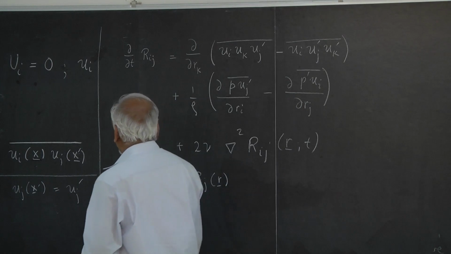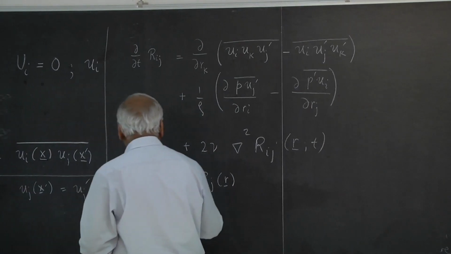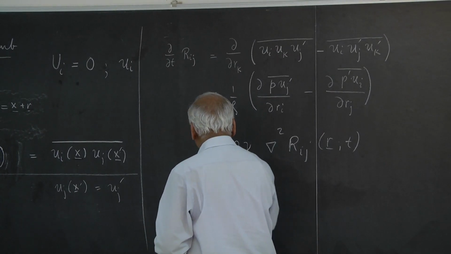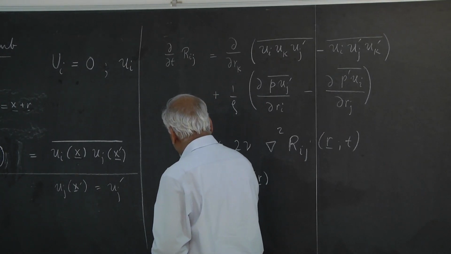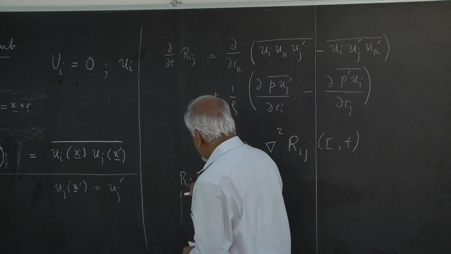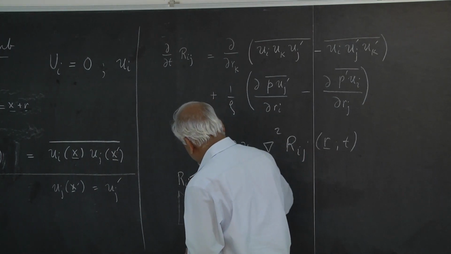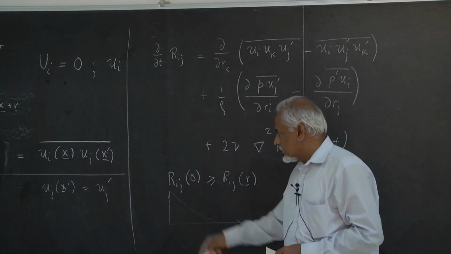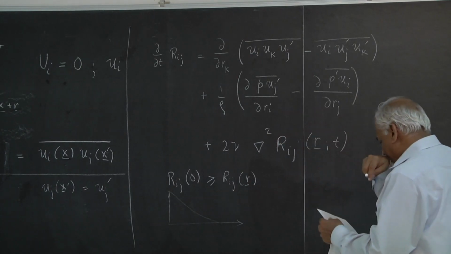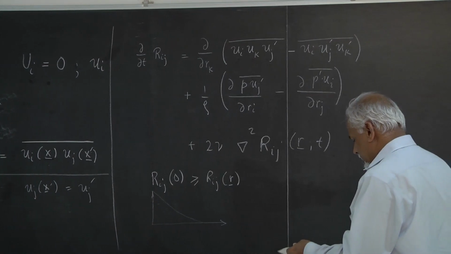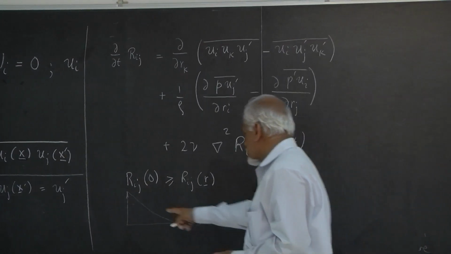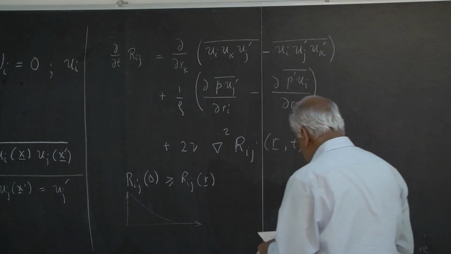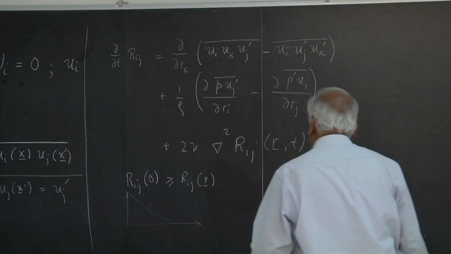So let's say I fix i and j and take their product, it will have some shape like that. It will have a maximum value at 0, and then it will decay and go down. So that's one aspect of it.